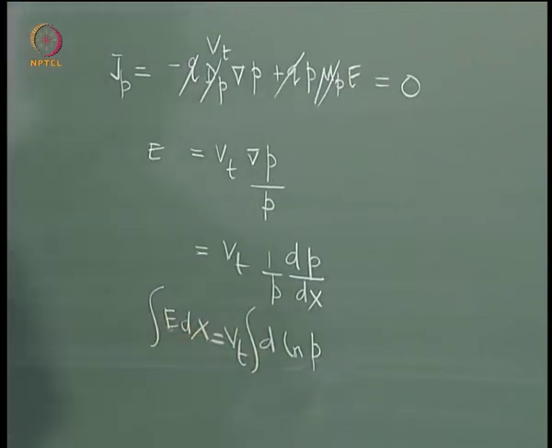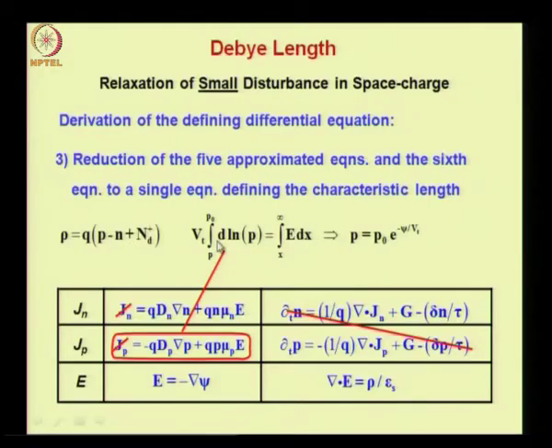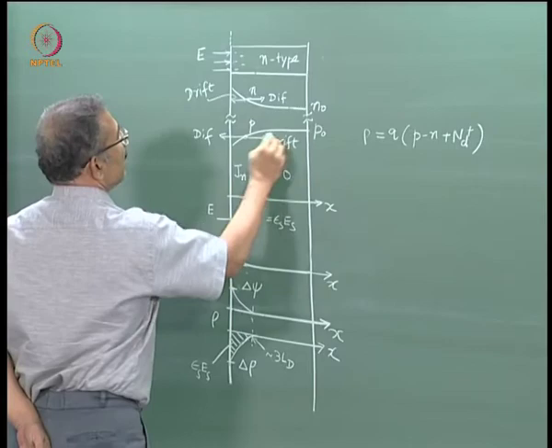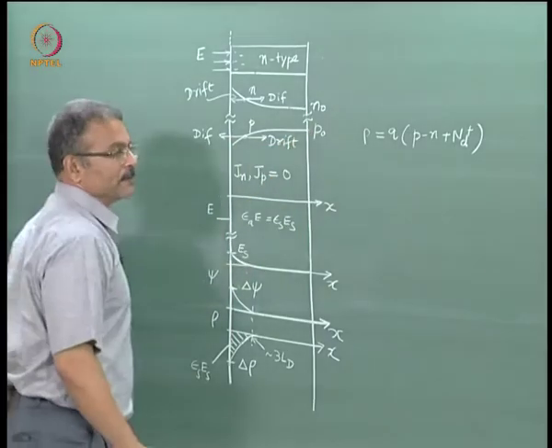Okay, so this is what is being done. So at any x the hole concentration is p, and at x tending to infinity it is p0. Those are the limits. So p here at any x and p0 for x tending to infinity.